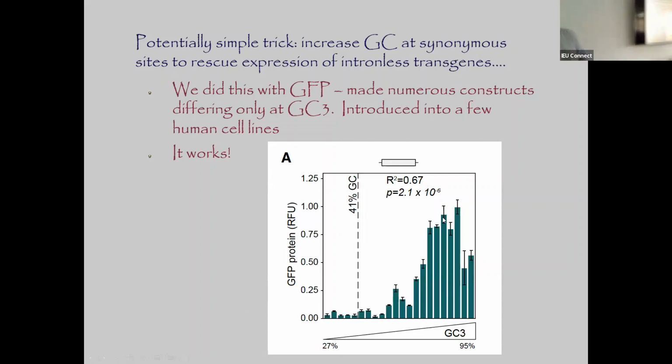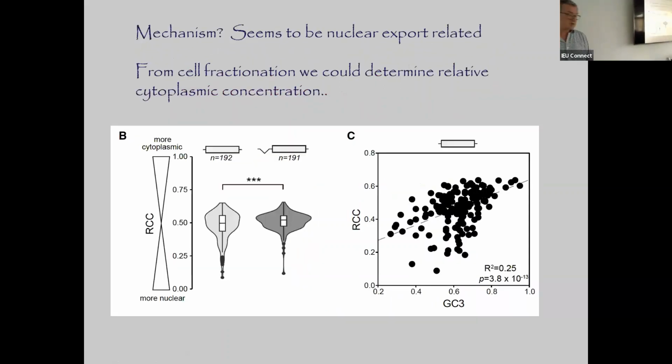Give it a high GC3 content, again just at synonymous sites, and it can express very well. These effects are not subtle. This is not a minor effect on gene expression level. This is orders of magnitude difference in expression level just by changing the synonymous sites. So yes, it works. It's a very simple little trick to get your intronless transgenes to work. You just follow what the successful retrogenes actually did, which is evolve high GC content.